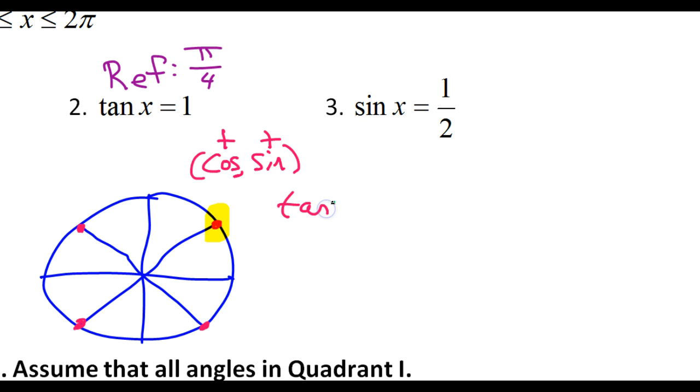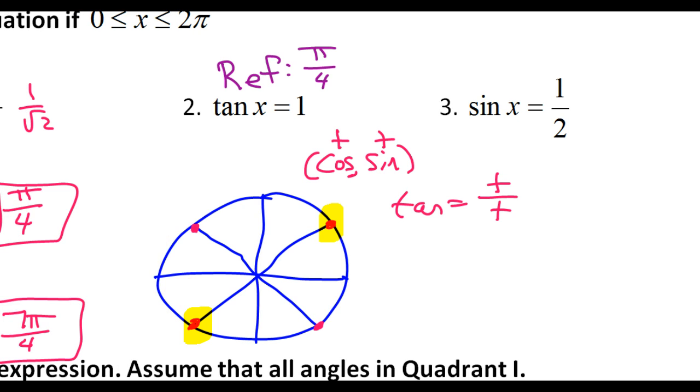So tangent is positive divided by positive, sine over cosine. So that's positive. But tangent is also positive in the third quadrant. And in the third quadrant, that's because both cosine and sine are negative. So tangent will be negative divided by negative, which is a positive. So these are the 2 positions that we want.